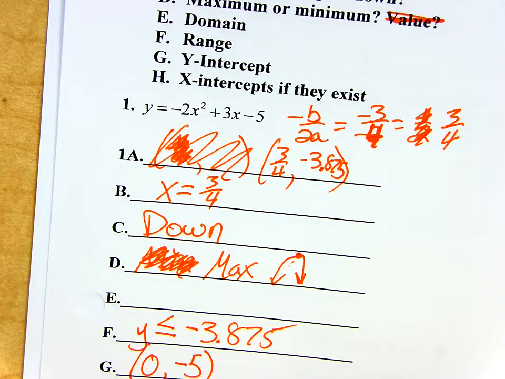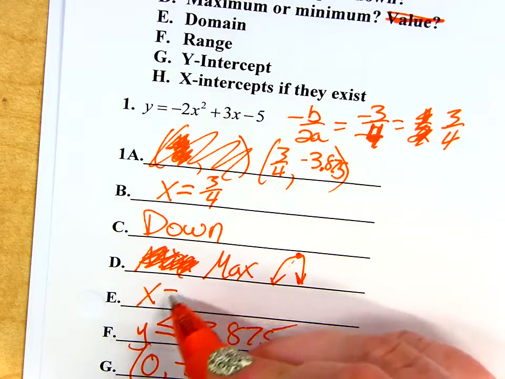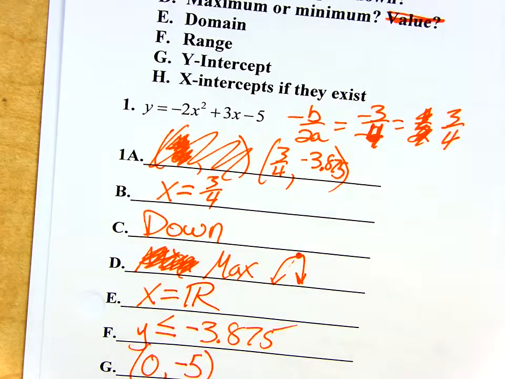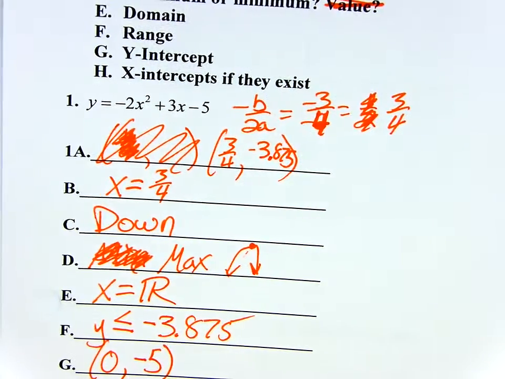Oh, the domain. We should have done that in the beginning, because domain's super easy. Its domain is just all reals, always. So that should be a freebie. And then the only thing we have left to do is letter H. How do you find the x-intercepts?